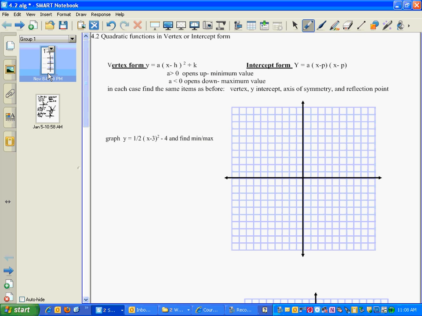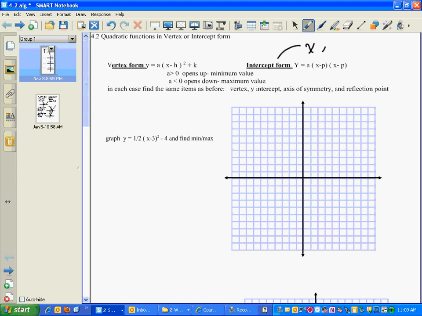And if I give you the intercept form, what do you think you're guaranteed to get besides the direction? Now, careful. It's the x-intercepts, not the y. So in the intercept form, you're given x-intercepts. If I'm giving you an intercept form, I'm giving it to you with 2 x-intercepts.